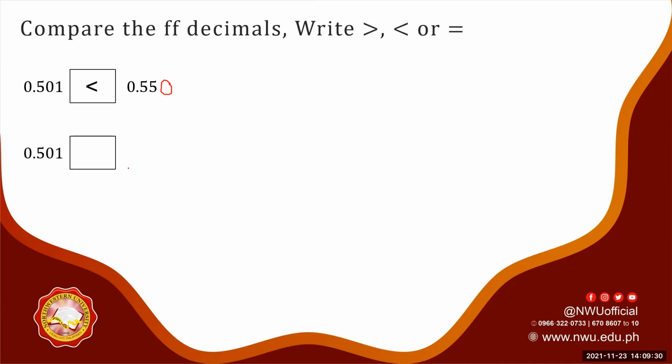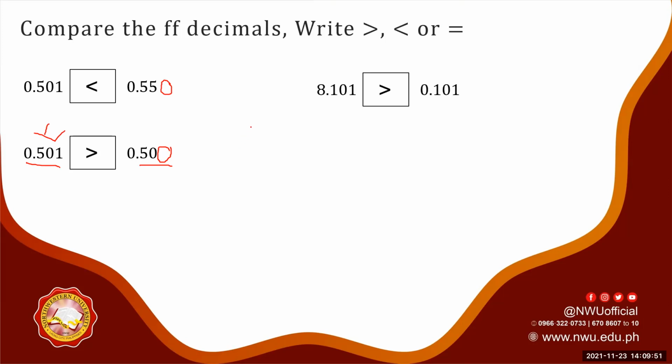How about 0.501 and 0.50? Again, you can add a 0 and compare 501 to 500. The bigger one, of course, is 501. That's the reason why the opening of our operator faces 501. Okay?